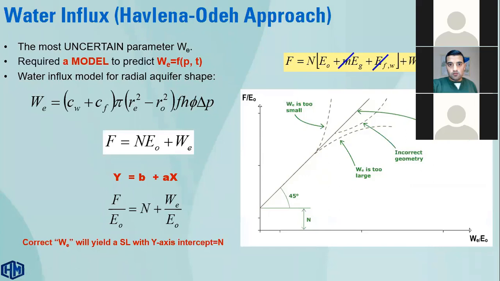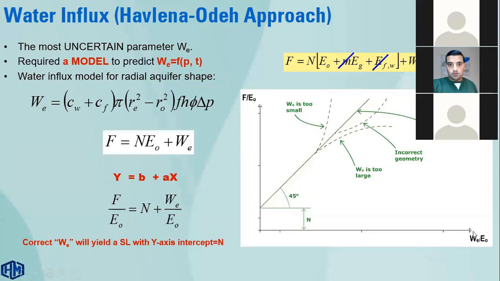We typically have different water influx models like Carter-Tracy, Fetkovich, van Everdingen-Hurst, and so on. By rearranging this equation, F over E sub O gives a straight line form.